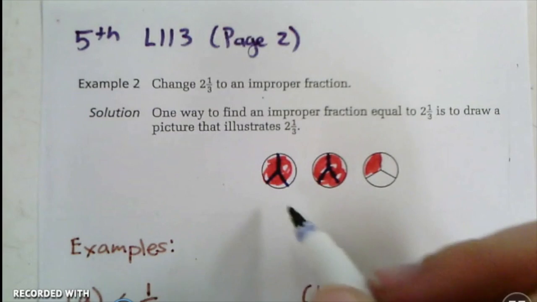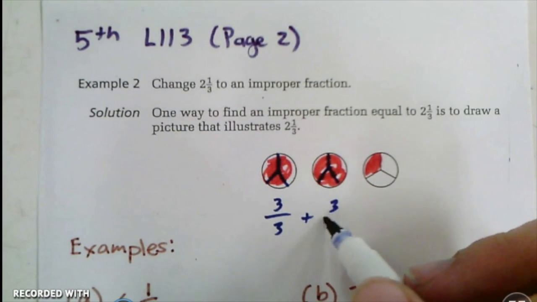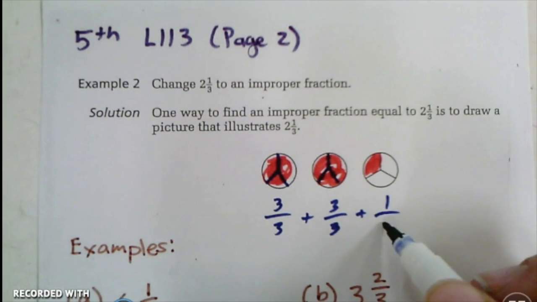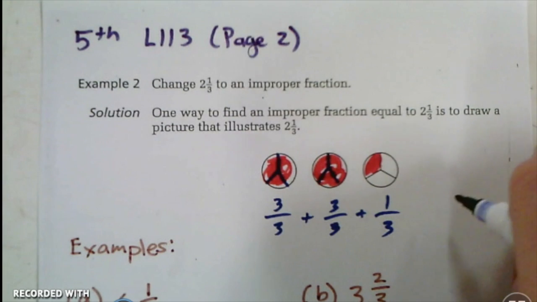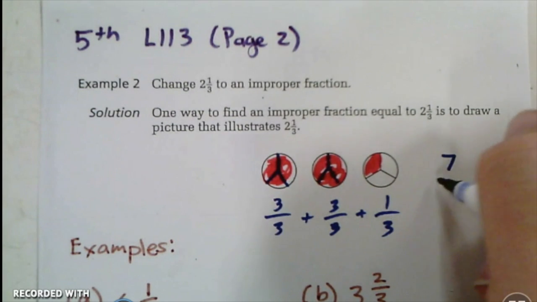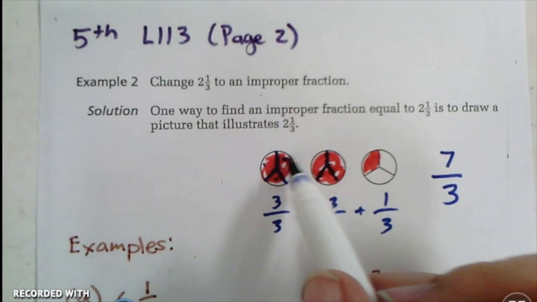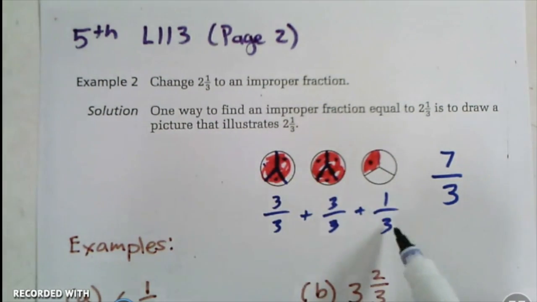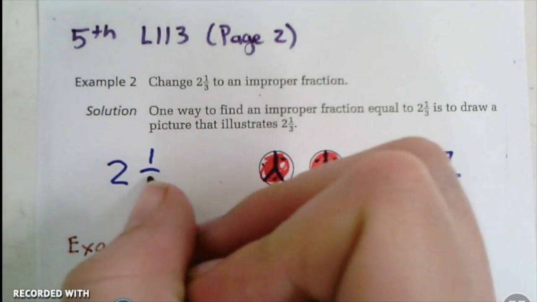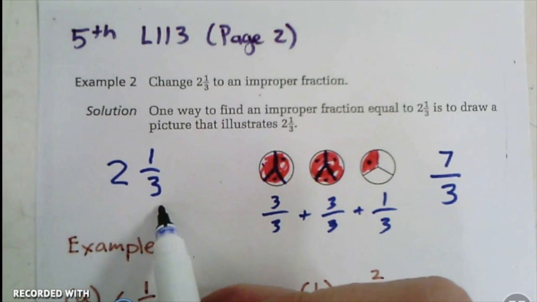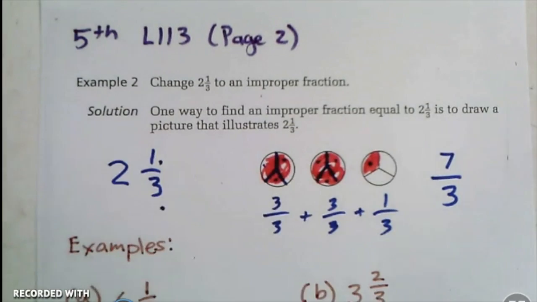So this means that we basically have 3 out of 3 plus 3 out of 3 plus 1 out of 3, which means we have 3, 6, 7 thirds total. If I had just counted 1, 2, 3, 4, 5, 6, 7 thirds. If I did it the shortcut way, and I have 2 1/3, I would do 2 times 3, which is 6, plus 1, which is 7, put it over the same denominator.